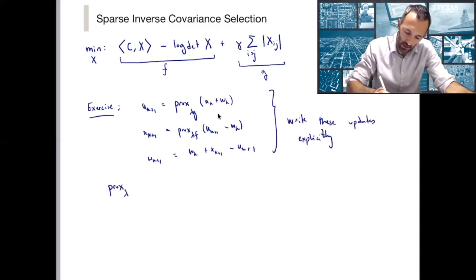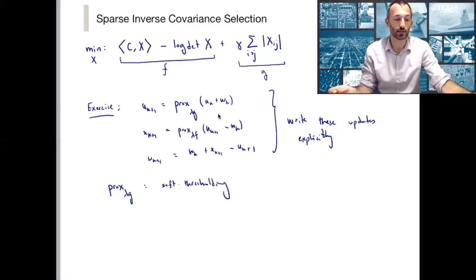But prox_{λg}, we know this is soft thresholding. And in particular, it's easy to compute. What about prox_{λf}?